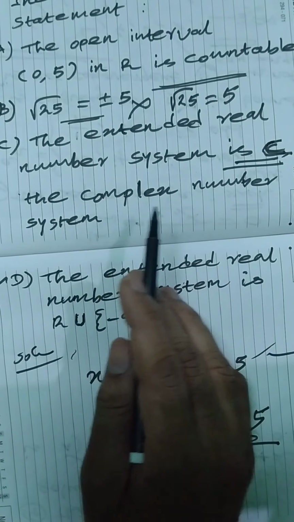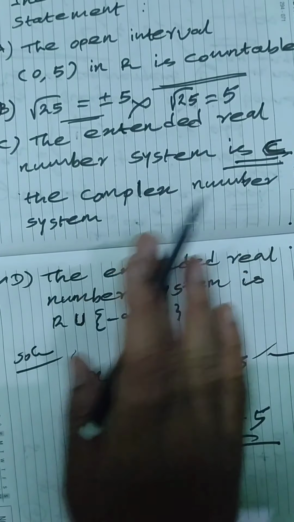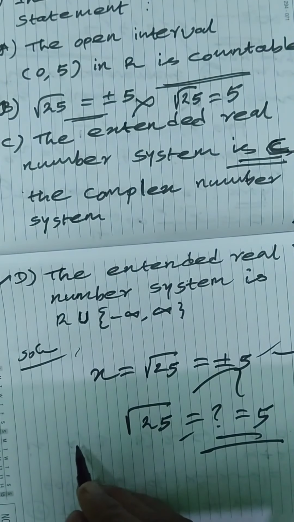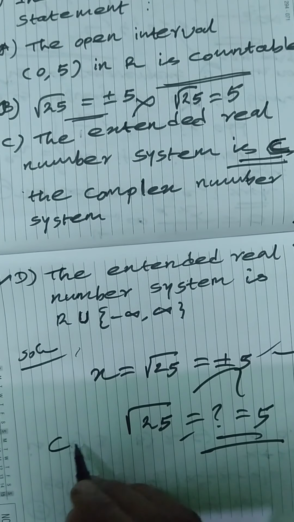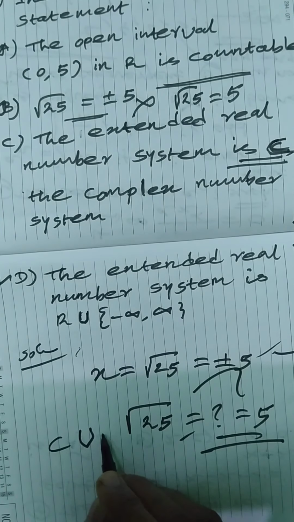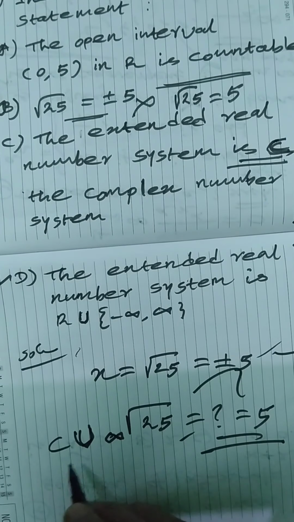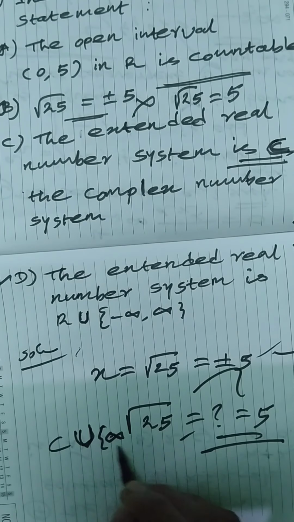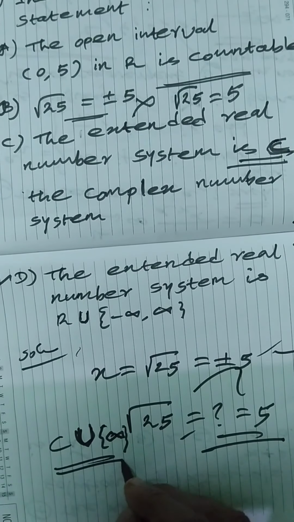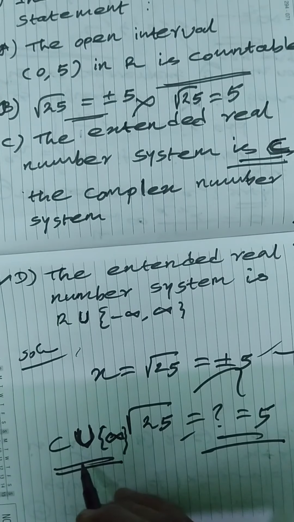அதாவது C வந்து எக்ஸ்டெண்டட் காம்ப்ளெக்ஸ் நம்பர் சிஸ்டம் கிடையாது ஆக்சுவலாக. C union infinity, this is called extended complex number system.